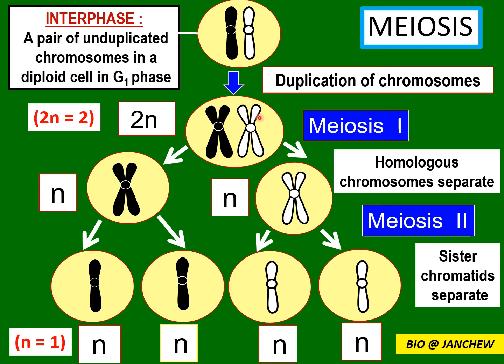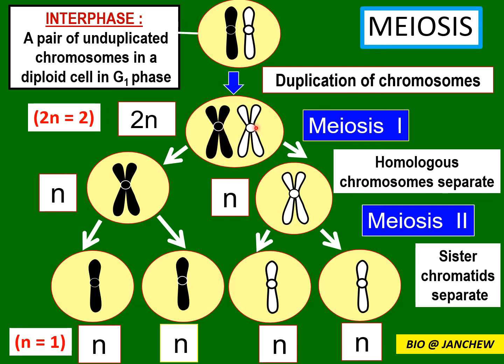So 2n still equals 2, although the mass of DNA has doubled. If you look at the first chromosome here, the mass has doubled because now it's made up of 2 sister chromatids, but the number of chromosomes is still the same. This X-shaped structure, made up of 2 sister chromatids, is considered 1 chromosome.